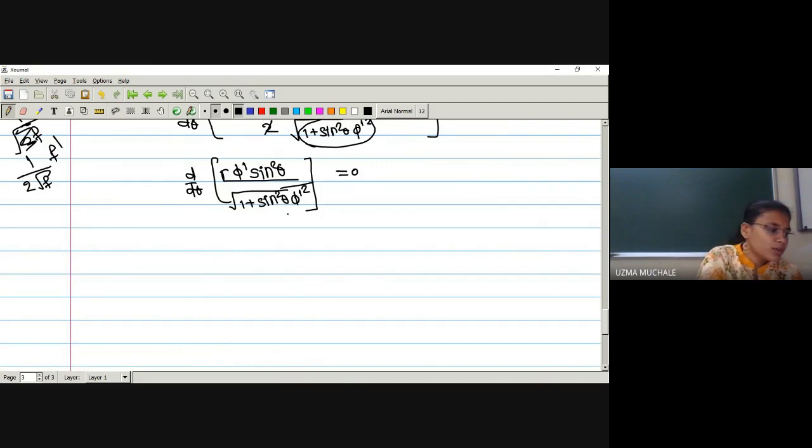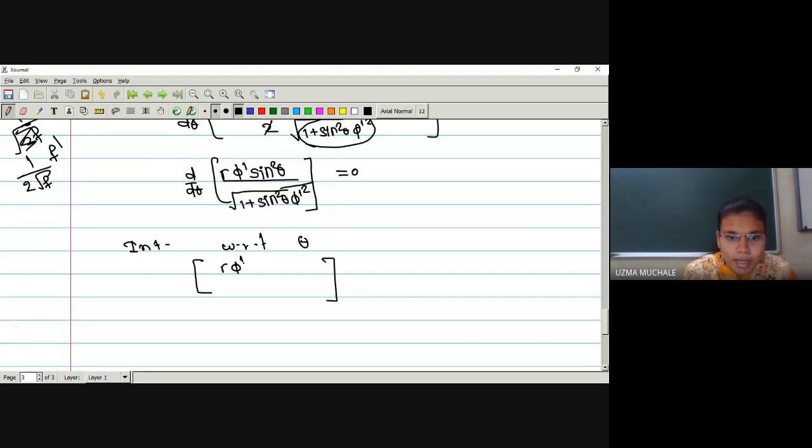So what we will do is find the integration of the above term, integrating the above equation with respect to theta. Integrating with respect to theta, the integration and the derivative with respect to theta will get cancelled, and we'll get the whole term r phi dash sine square theta divided by under root of 1 plus sine square theta phi dash square equal to some constant.